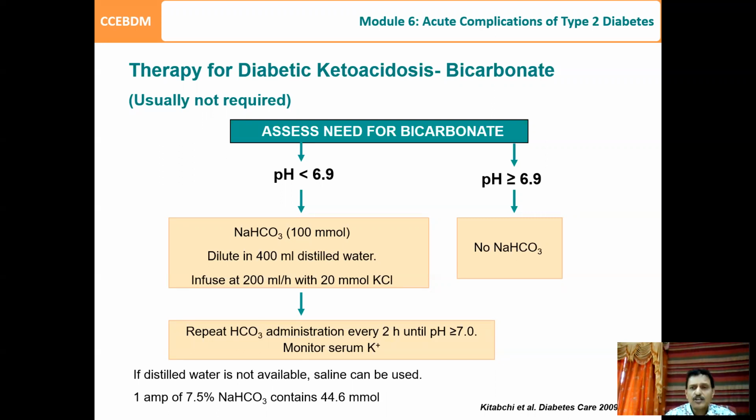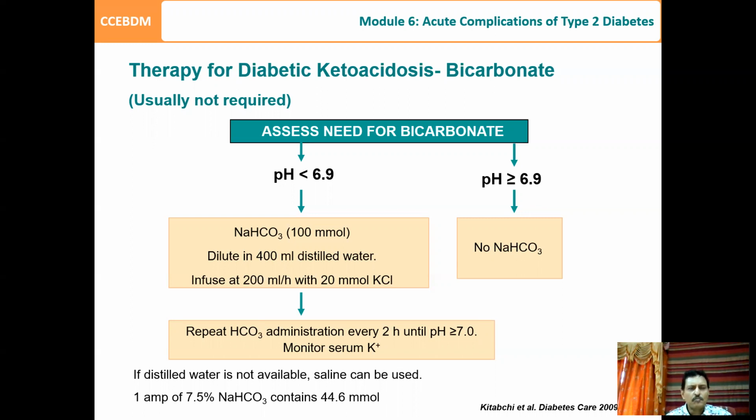The correction of the ketogenic process is reflected in three things. Number one, the GI discomfort will disappear symptomatically. Second, you will find that ABG will improve. These are the two things we look at.